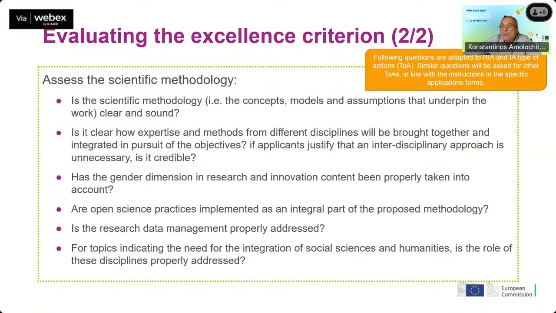Also, whether the gender dimension in research and innovation has been considered, and whether open science practices have been implemented in the proposed methodology, and so on. I'm not going to go through all of them, but we just want to give you the main aspects that need to be considered for each of the criteria and sub-criteria. And of course, like I said, you have more details in the template. Next slide.